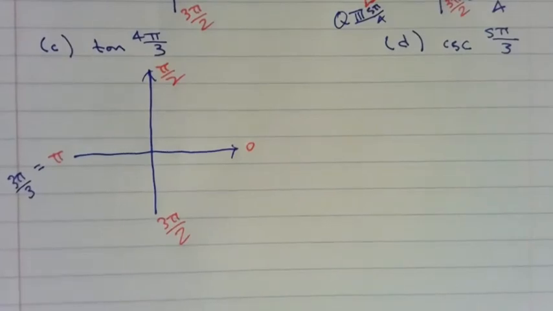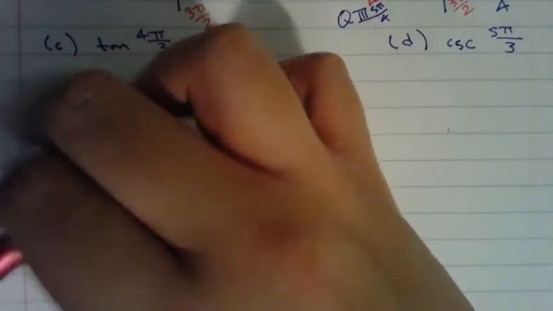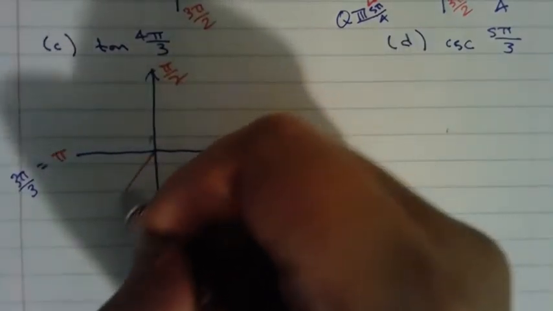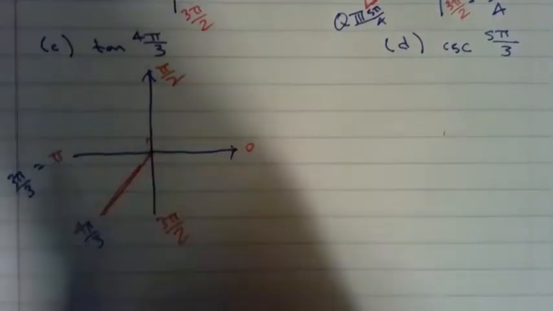If we did 3 pi over 3, we could divide this into thirds. So this would be 2 pi over 3. This would be 1 pi over 3. Over 3 pi over 3. So we need to add one more third. So your 4 pi over 3 should be somewhere about here. That's where 4 pi over 3 is.